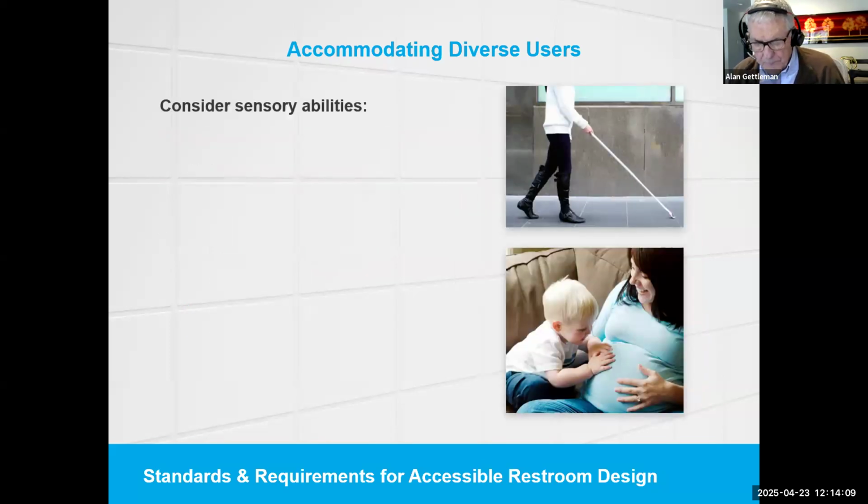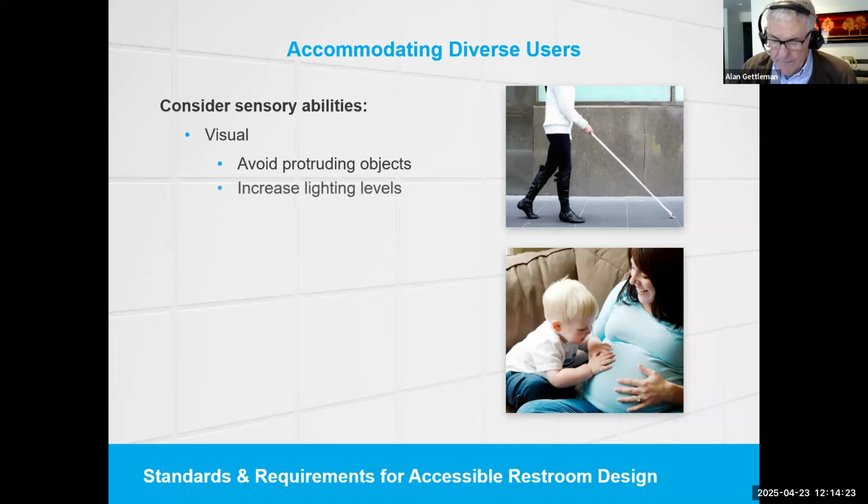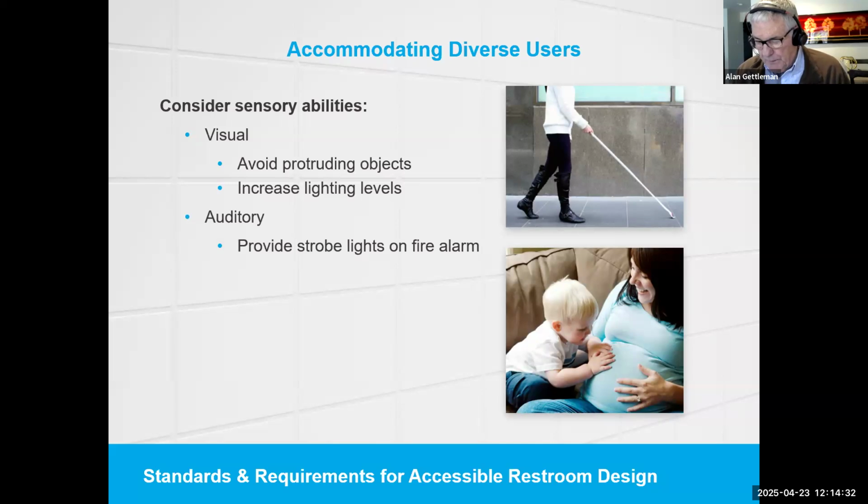It's also important to consider sensory abilities. Examples that support safety for users with sensory disabilities include avoiding protruding objects to benefit those with low vision or the blind, increasing lighting levels to assist those with low vision, and providing strobe lights on the fire alarm system to help people with hearing loss or those who are deaf.